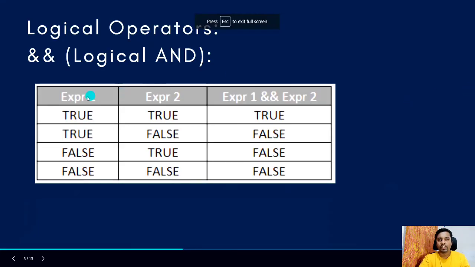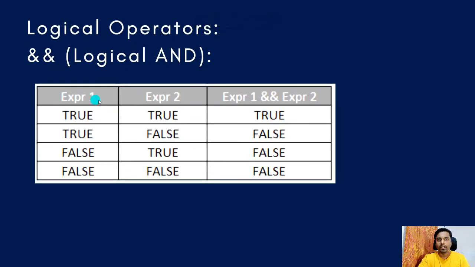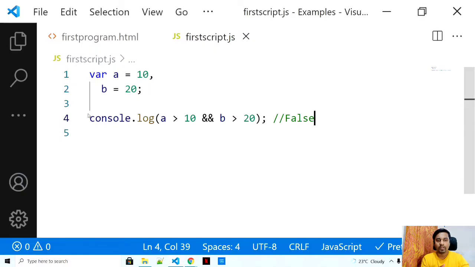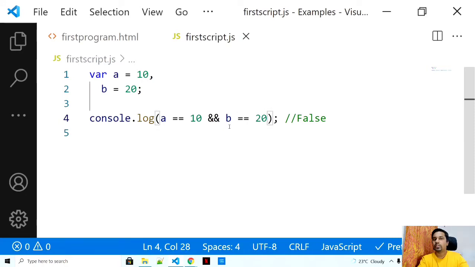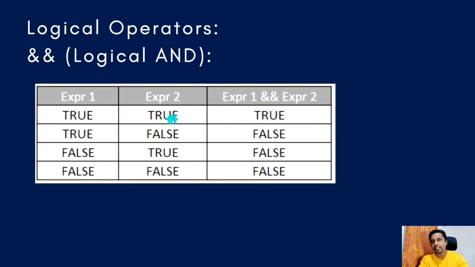If you see this table, okay, there is expression 1 and we have expression 2. So considering the first expression, the example that I showed you previously, the first check, if that is true and if the second answer is also true, so just making it simpler, if A is double equal to 10 and B is double equal to 20, so both the conditions are correct.